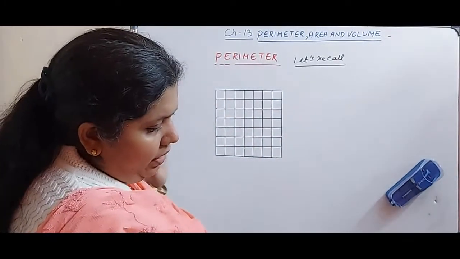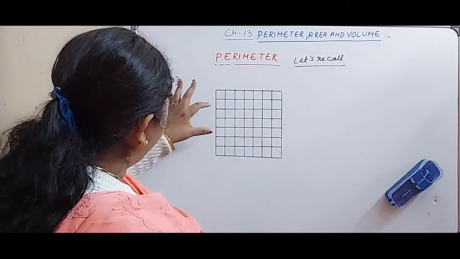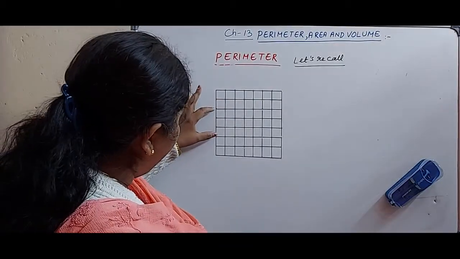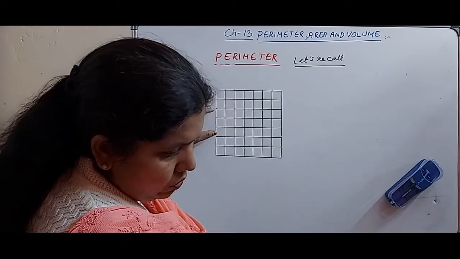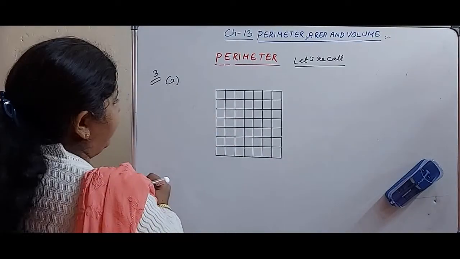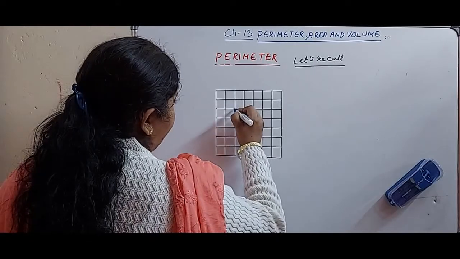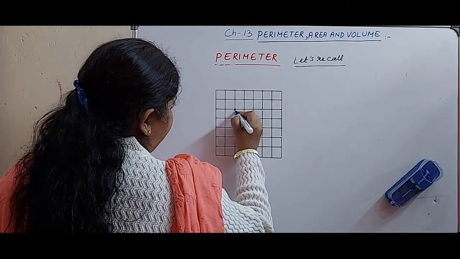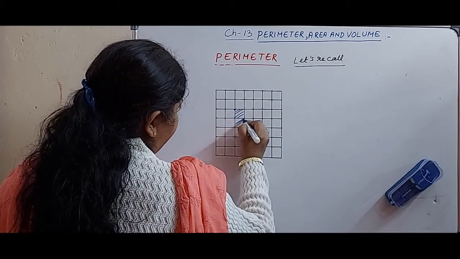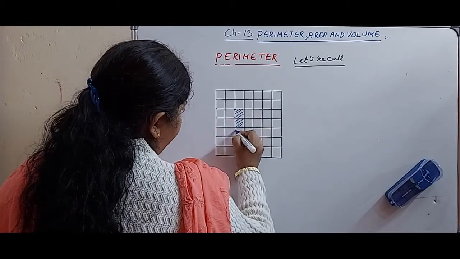Where it has started, it has taken 3 squares in the middle, above 2 squares, above 2 columns. So you have to see the grid perfectly where it has started. It has taken this point. These squares have to be shaded like this.